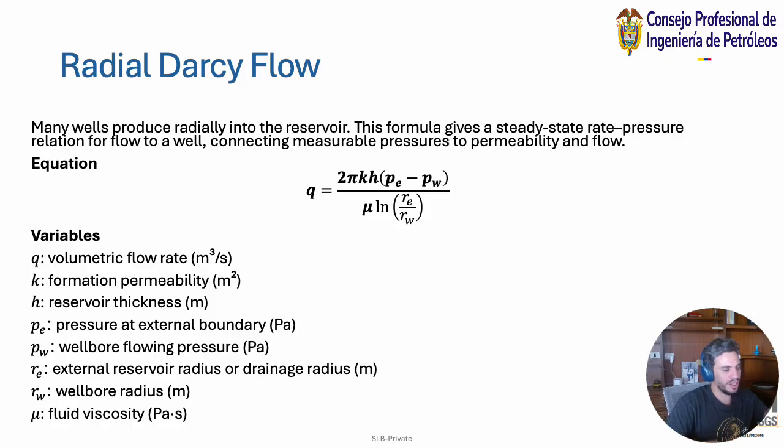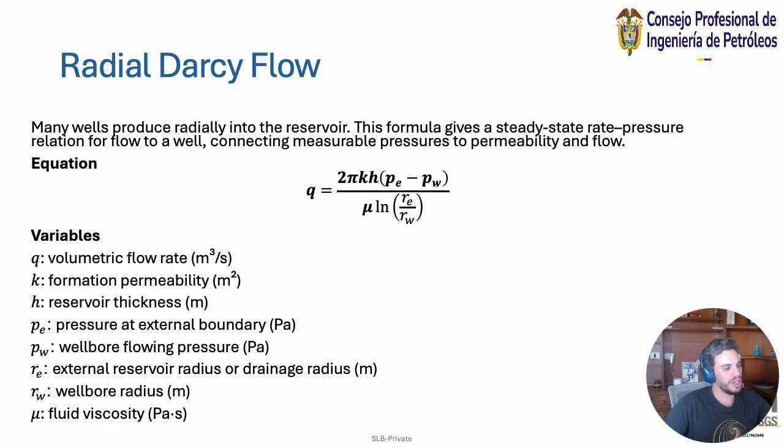Then you move the equation around and integrate it, and we'll go through those steps in a second. But what this formula allows us to do is give a steady state rate pressure relation for the flow from the reservoir into the well, connecting measurable pressure to permeability and flow.